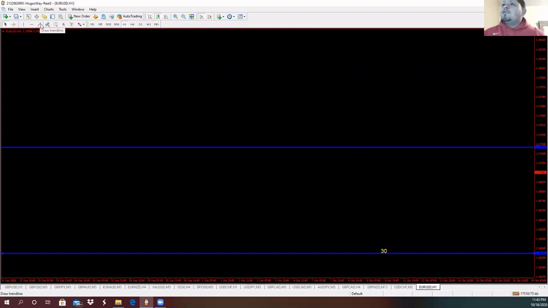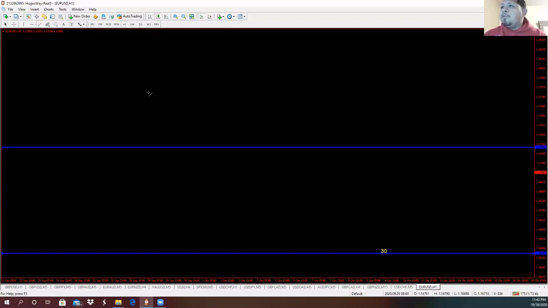One of the main confluences that the Nelly Mac is based off of is divergence. So I want to show you guys what I look for on the 5-minute time frame. The best times to look for this, guys, is during London and New York session.